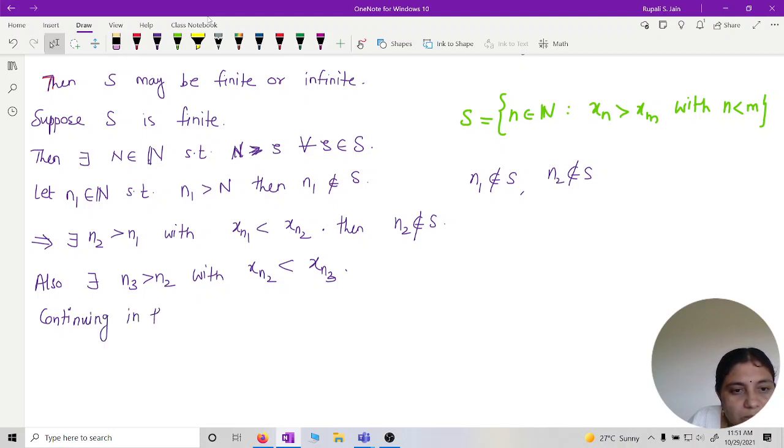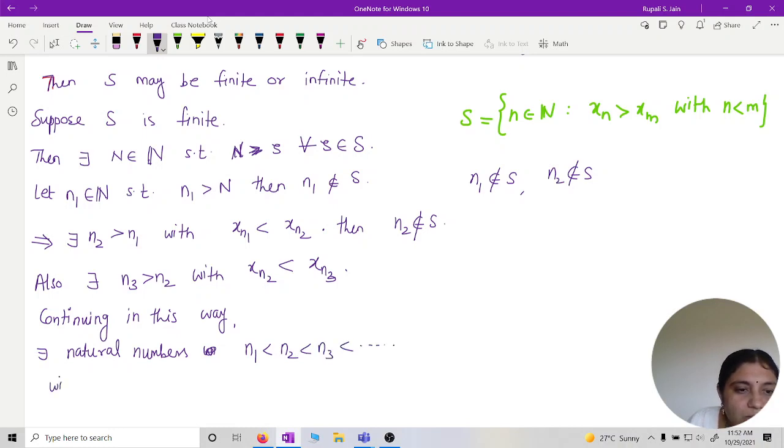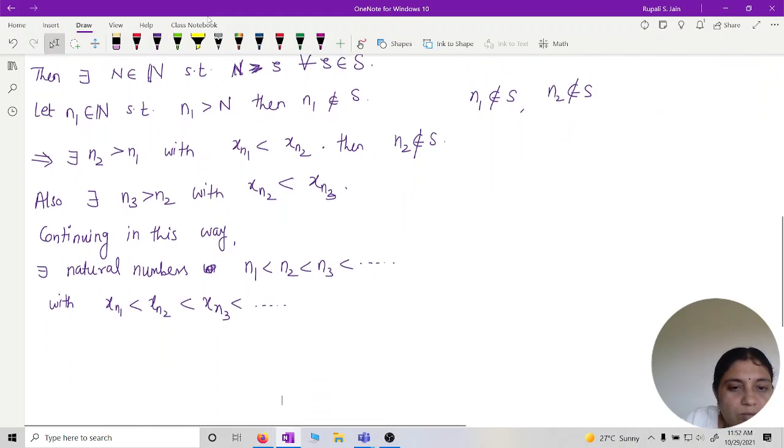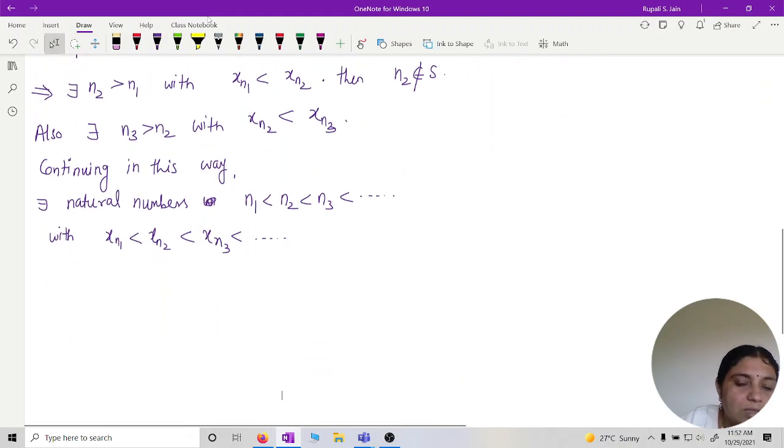Continuing in this way, we will get infinitely many natural numbers. There exist natural numbers n1 less than n2 less than n3 and so on, with xn1 less than xn2 less than xn3 and so on. This is an increasing sequence.